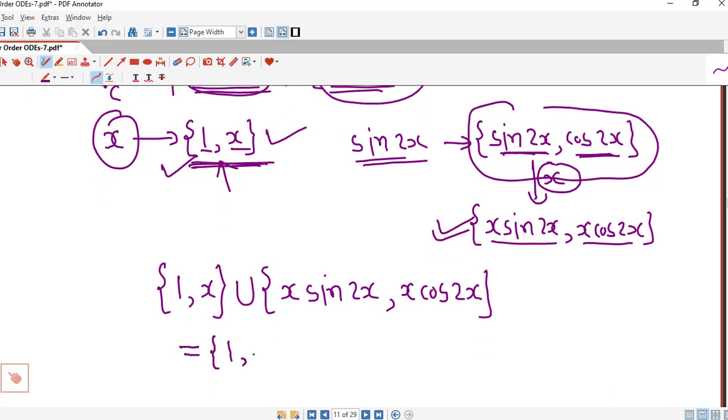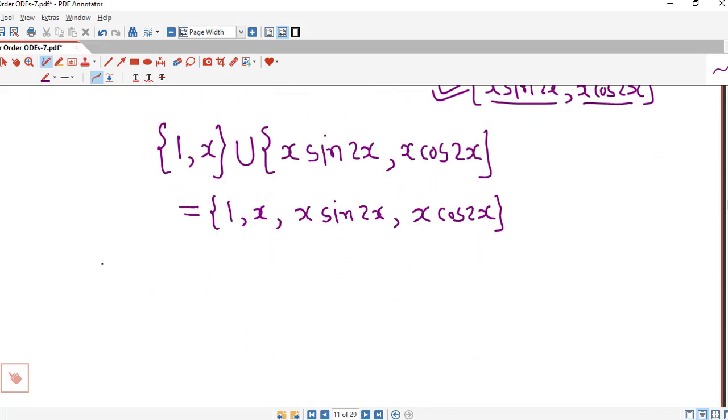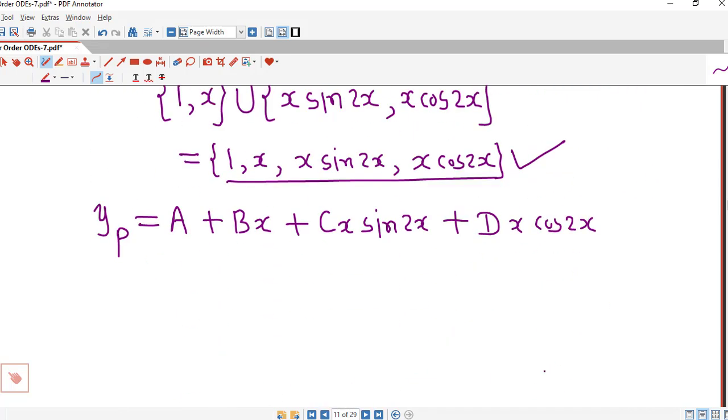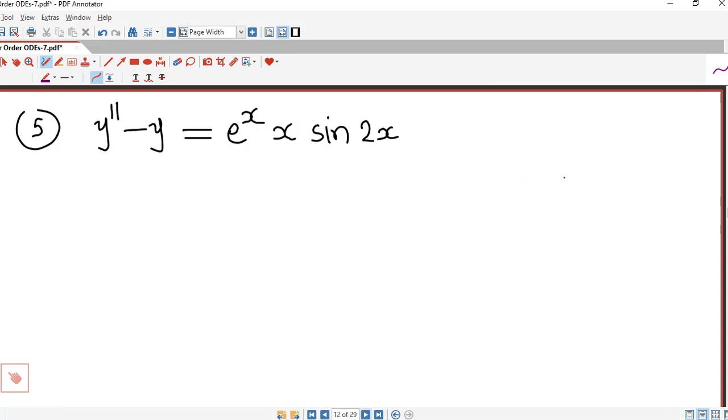So the union is 1, x, x sin 2x, x cos 2x, and our proper choice for the particular integral is a linear combination of elements of this family. So it is a plus b into x, plus c into x into sin 2x plus d into x into cos 2x. Okay, fine. So we consider the next problem.